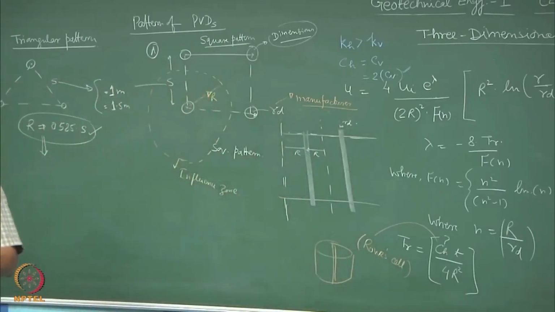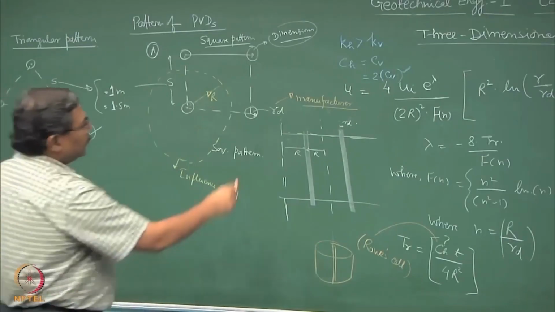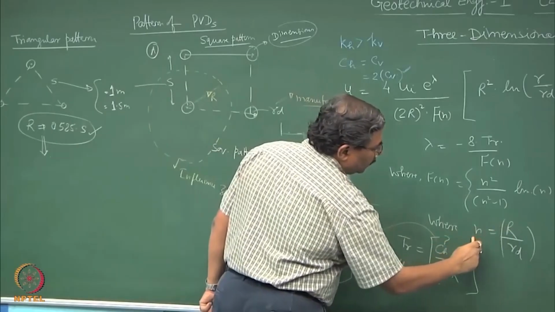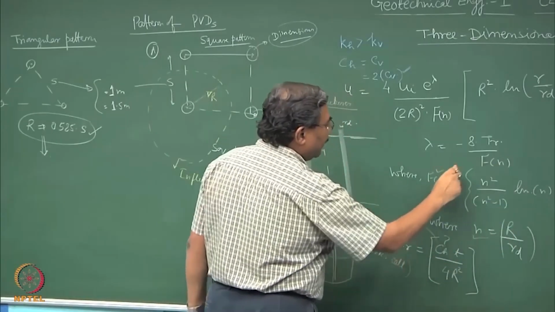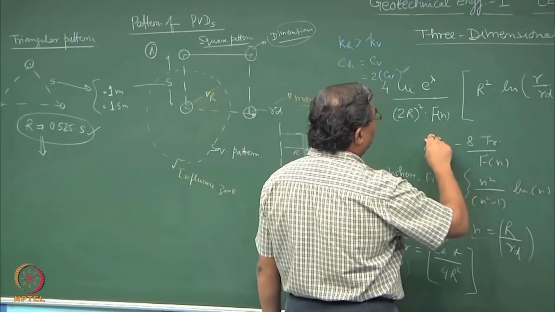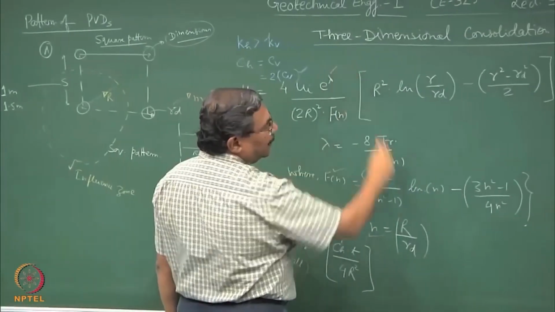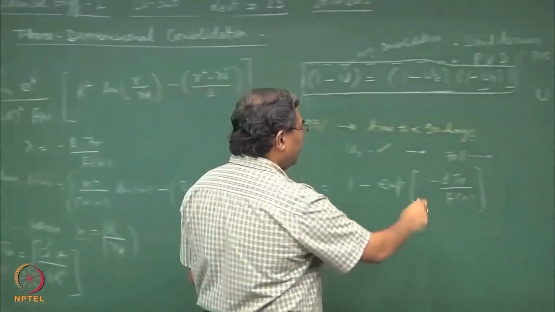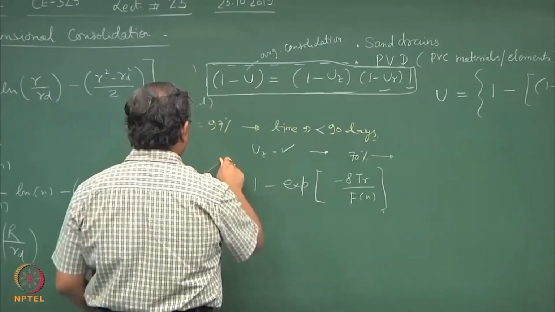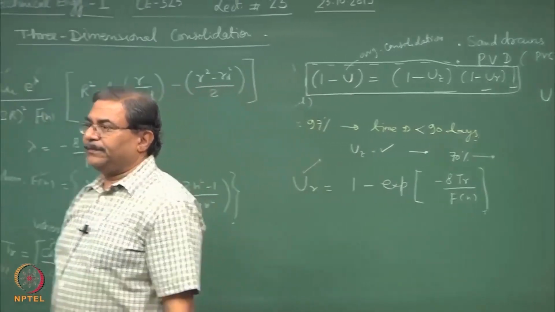It is a property of the PVD. So, if Rd is known, R is known, n is known, I can substitute in this. Fn is known, Tr is known, lambda is known. I can use this expression, Tr is known, Fn is known, Ur is known. This is how it is done.